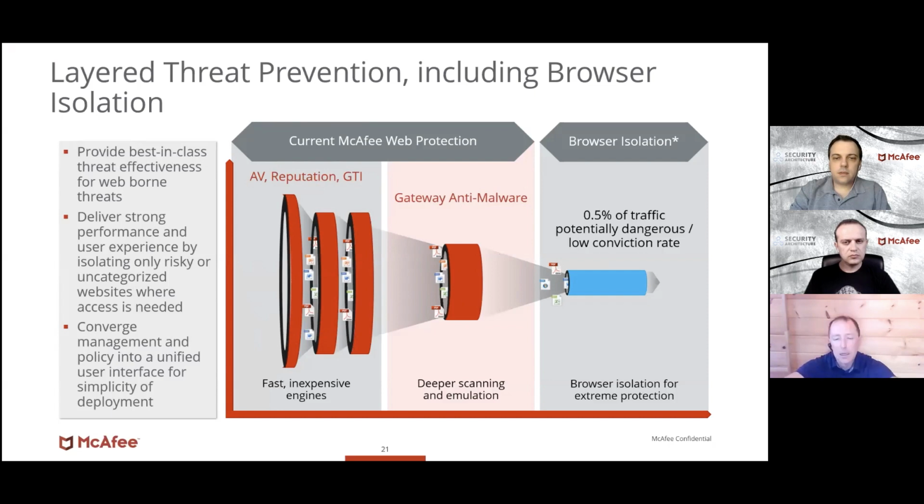As we actually go through the aspects of attempting to download the file, we also have the layer of gateway anti-malware. And so this is almost a sandboxing-like technology, which allows us to scan the content and determine whether or not there are any malicious entities. So it uses a number of different characteristics, like heuristic-based detection, to be able to determine whether or not the download itself would be safe.